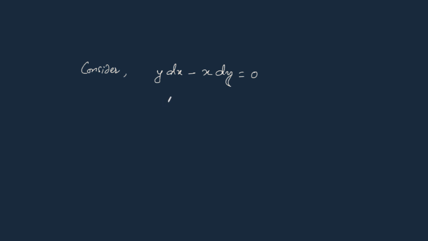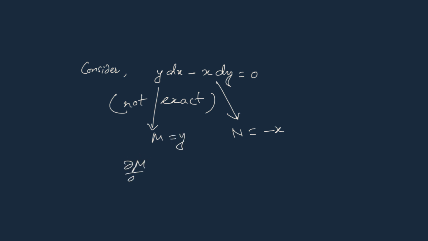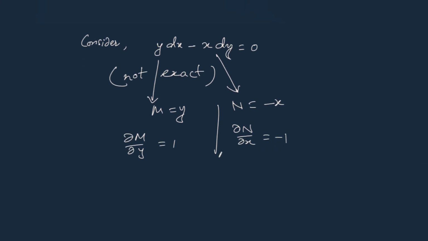Now check, this is not an exact equation, because our M is y and N is negative x, so del M del y is 1 but del N del x is negative 1. So these two are not equal, so therefore this is not an exact equation.